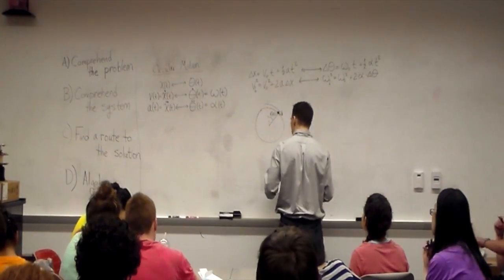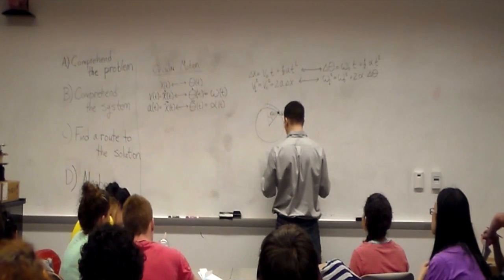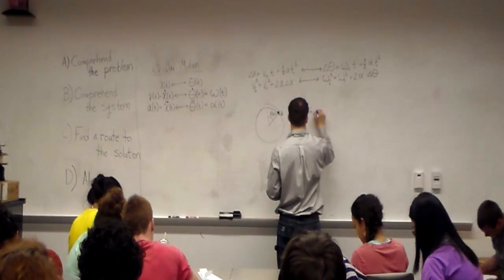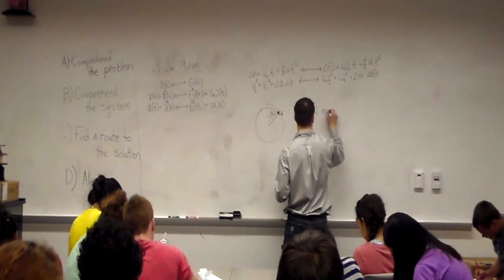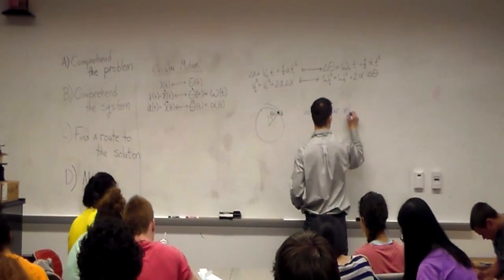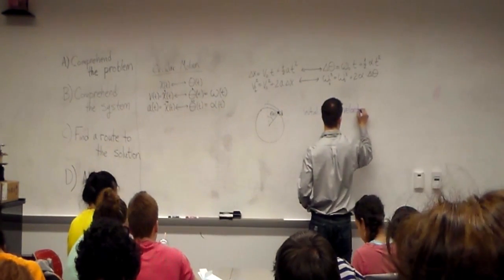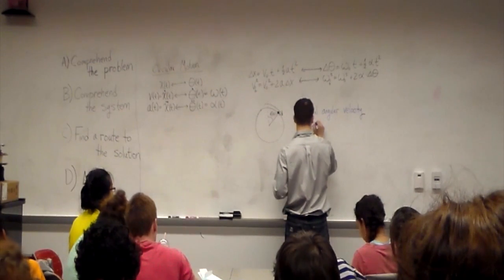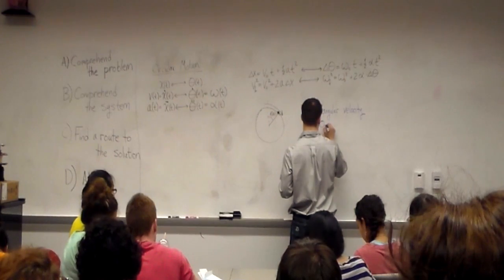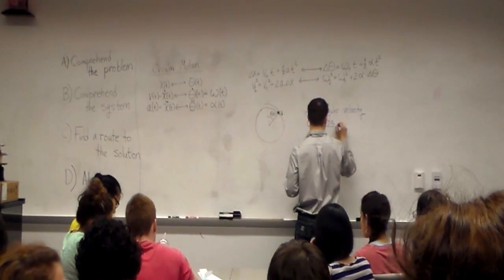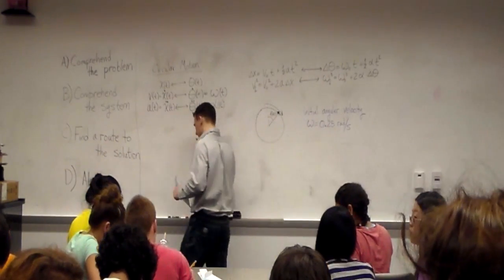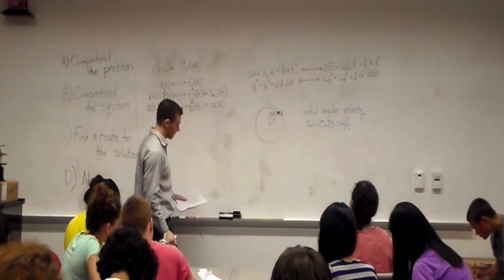And let's say that it has an initial angular velocity, omega naught, equal to 0.25 radians per second. Very, very slow. Sort of like drifting around.